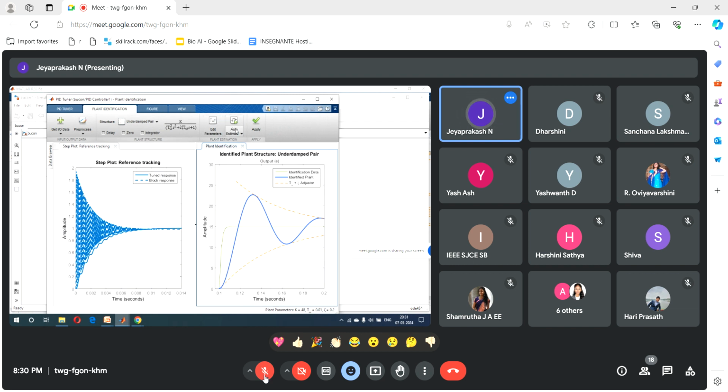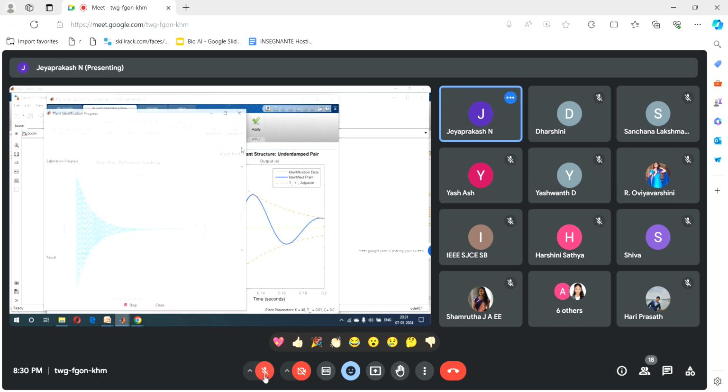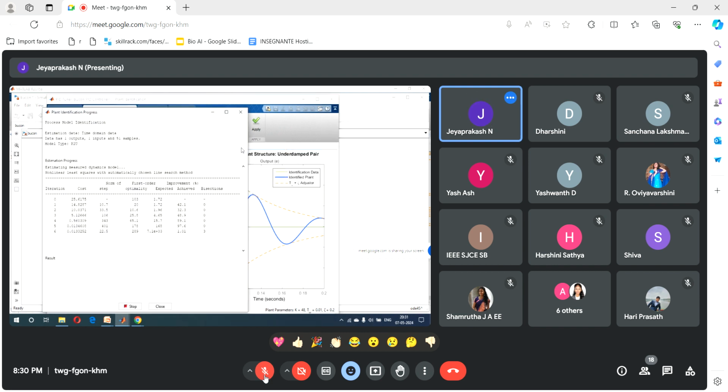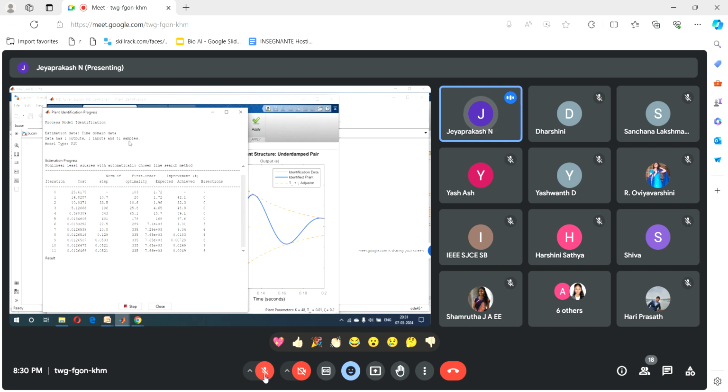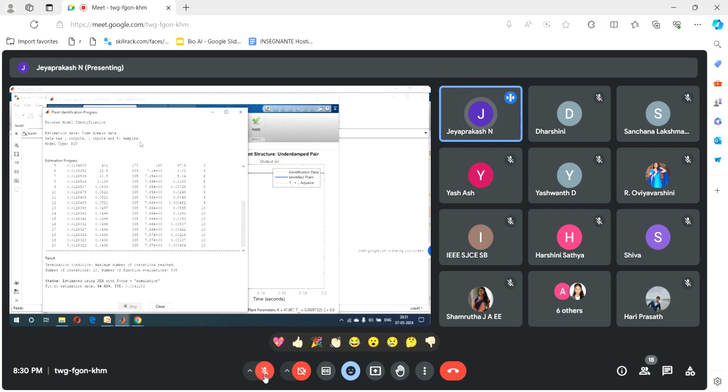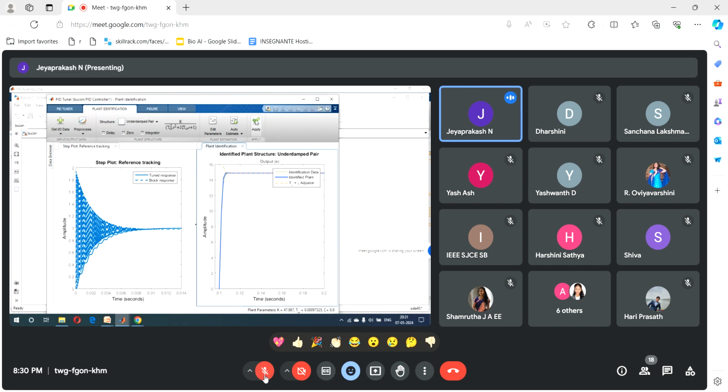I am going to estimate that value. I am taking 51 samples. These things are calculated automatically, so no need to worry about this. After that we can apply.